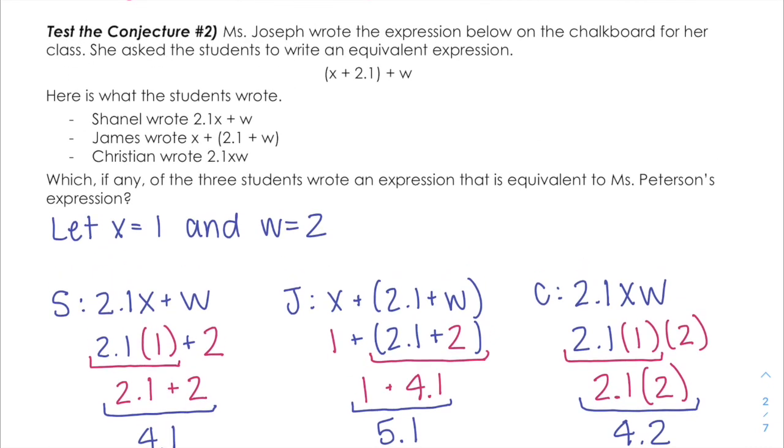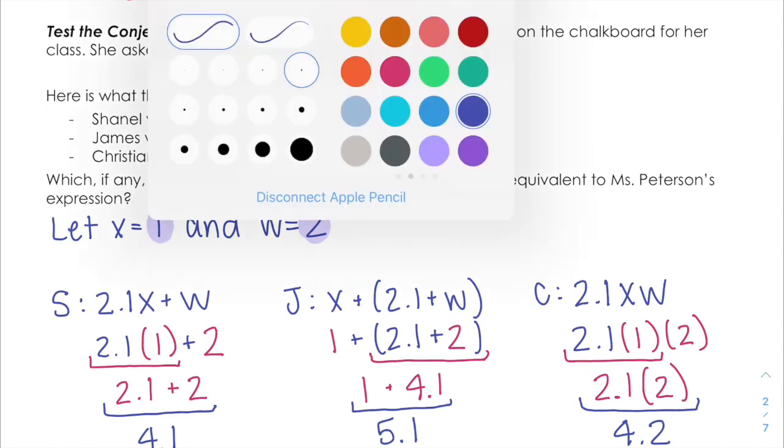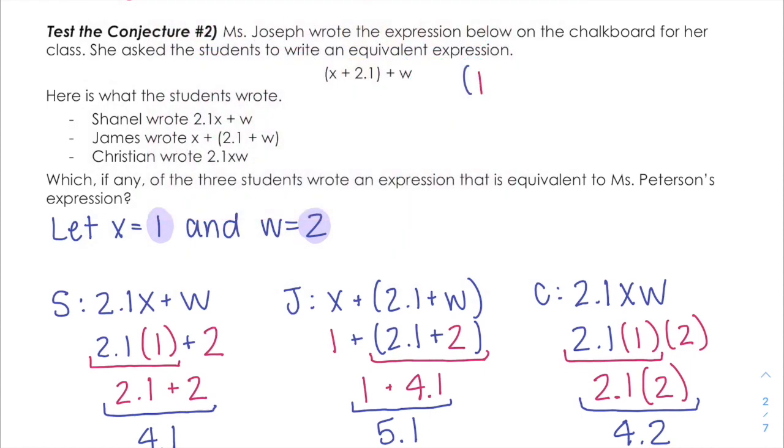So let's come back up and solve Miss Peterson's. We're going to use the same values for each of our variables. So we have x represents 1 plus 2.1 plus w equals 2.